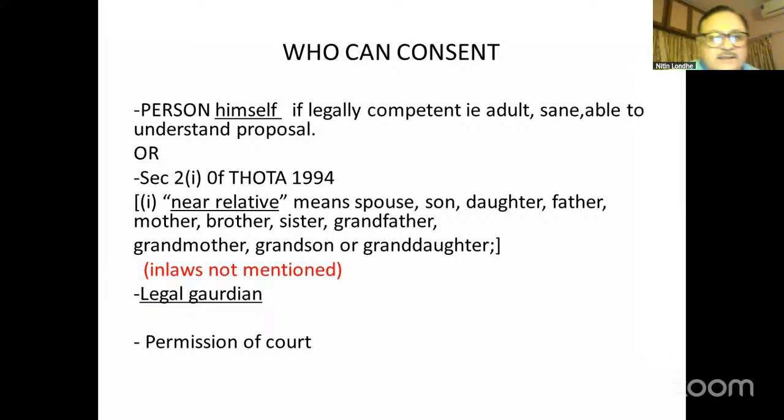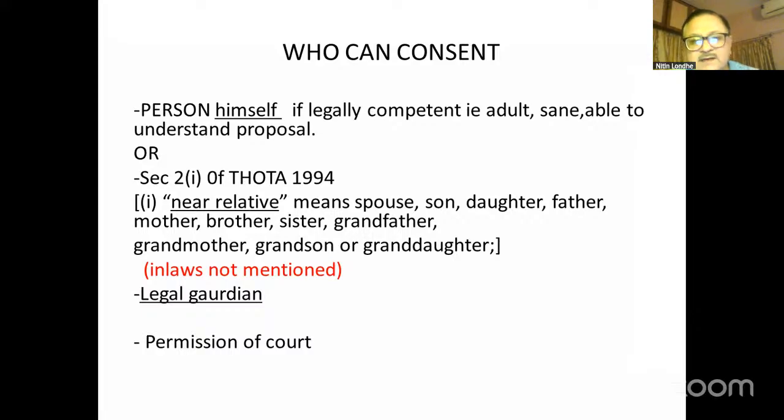Now, who can consent? Primarily, it is the person himself, and he has to be legally competent. That is, he has to be an adult, he has to be sane, and able to understand what the proposal or the surgery is. If, for some reason, the person himself is unable to give consent, then who is the next person?